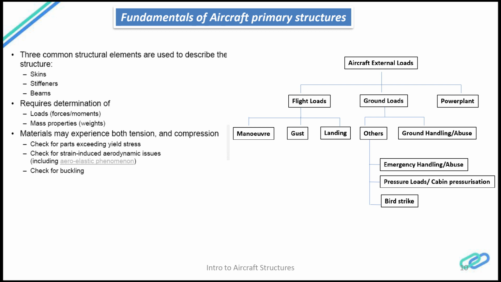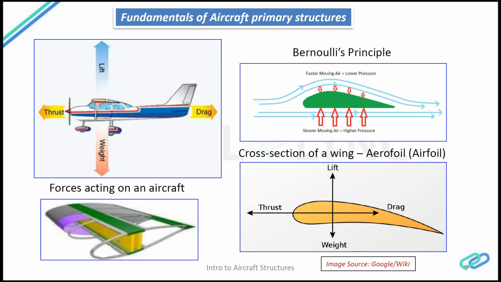I'm going back to the previous slide. When it is on the ground, you can ask what kind of forces act on the aircraft. When the aircraft is stationary and the engines are not operating, then we will not have any thrust component, and the lift will be very negligible, because when the airflow at ground level goes past the wing, it produces a negligible amount of lift.